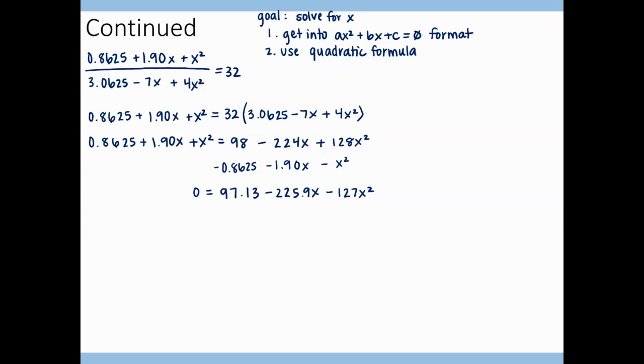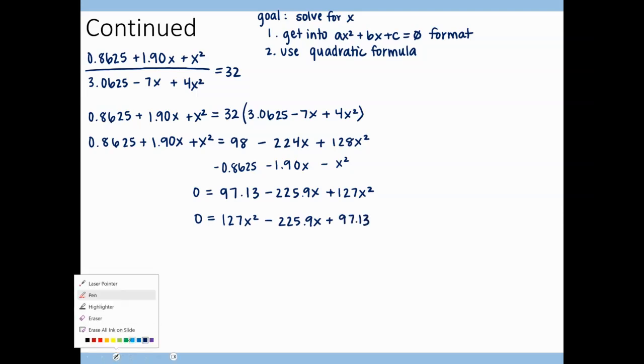So now we have our, oh, this should be plus. Now we have our ax squared plus bx plus c format. I'm going to rearrange the order of these so that the x squared is first, then the value times x, and then the value without an x term. So 127x squared minus 225.9x plus 97.13.